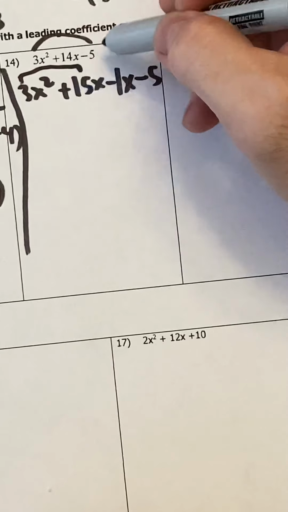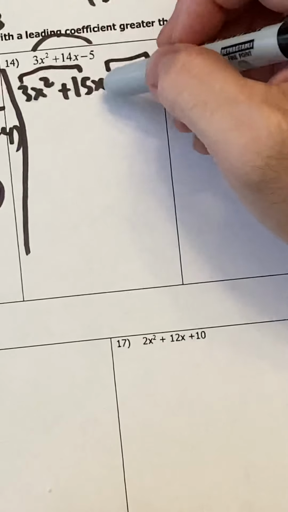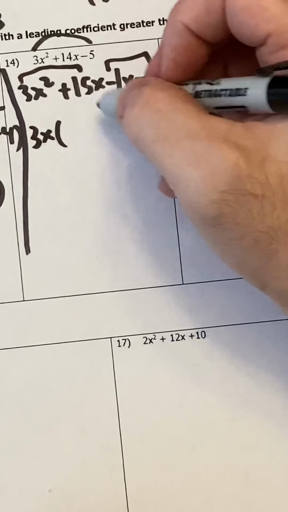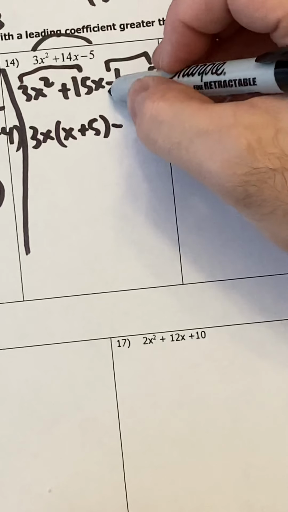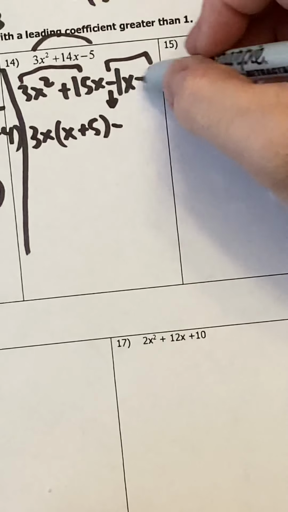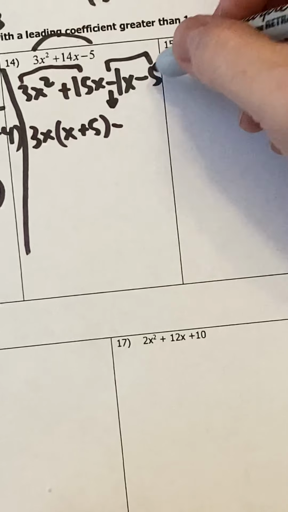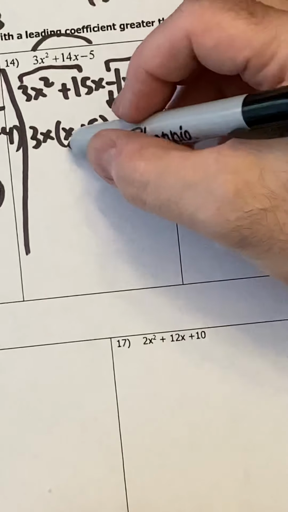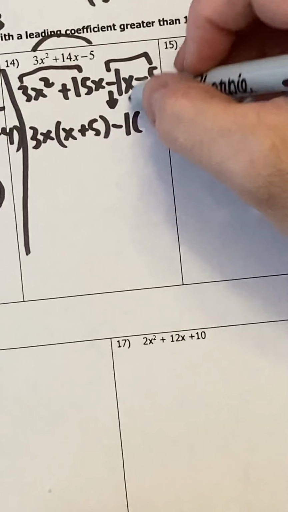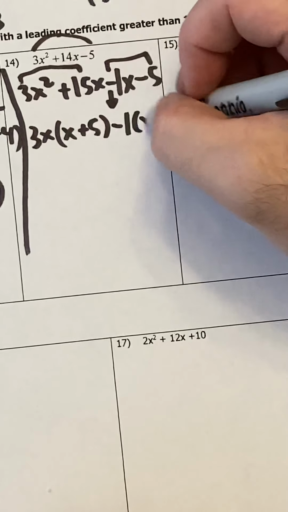Now we're going to group these things. The greatest common factor here is 3x. Dividing that out, you get x plus 5. Bring down whatever sign is here. The greatest common factor here is just 1. Only 1 goes into this. Now, if you divide by negative 1, you get this again. Negative 1x divided by negative 1 is x.